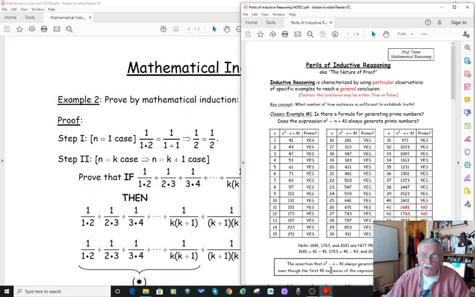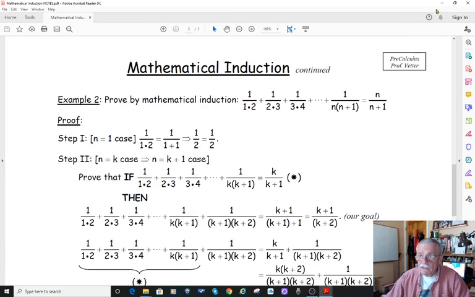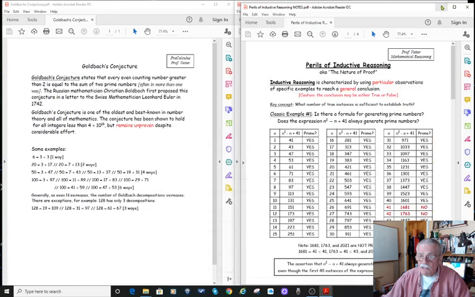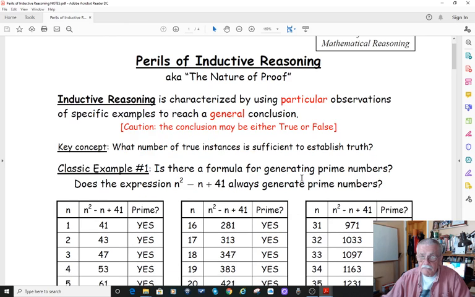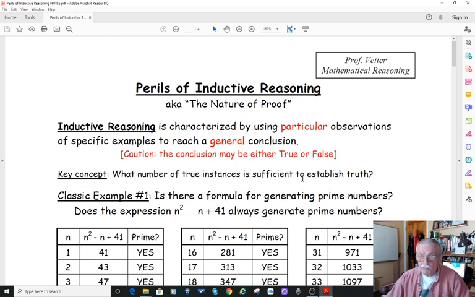Okay, what I would like to show you is this topic I call perils of inductive reasoning. So let's minimize this one, maximize this one. Okay, so perils of inductive reasoning. Now, inductive reasoning is reasoning that goes from particular to general.